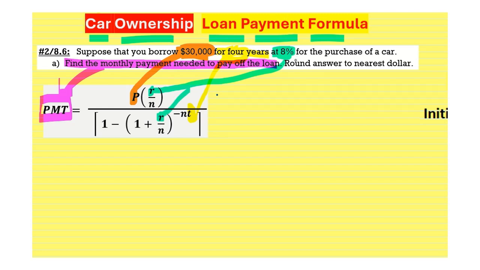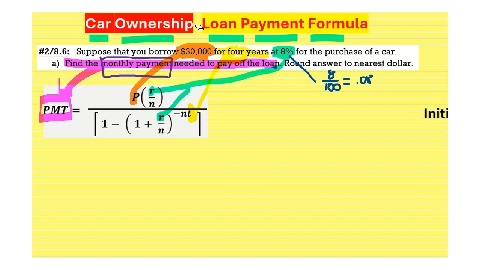But just to also be very, very clear, when we have 8%, we do not use 8%. We use the decimal version of that. So if you want to find what the decimal version is, you'll take that 8 and divide it by 100, and this allows you to get rid of the percent sign. And so it's going to be 0.08.